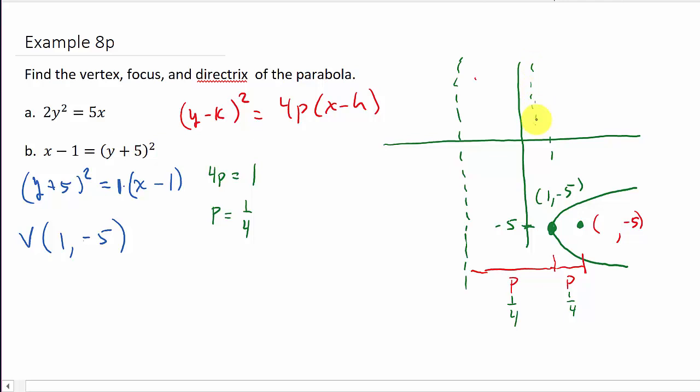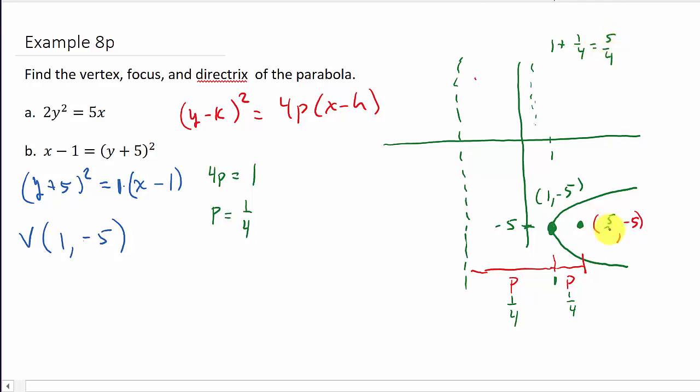All right, so how am I going to get from here to here on my x coordinate? Well, I'm going to take the 1, which is this value here, and add 1/4 to it to get my x coordinate. So 1 plus 1/4 is 5/4.